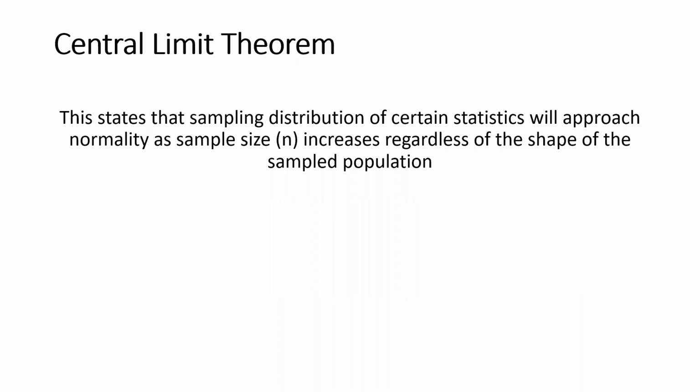So that even if the variable you're studying by itself is not amenable to the normal distribution curve, if the sample size is high enough, your sampling will help to ensure that your sampling distribution for that particular characteristic will approach normality.